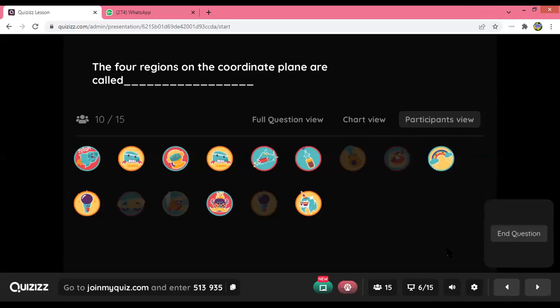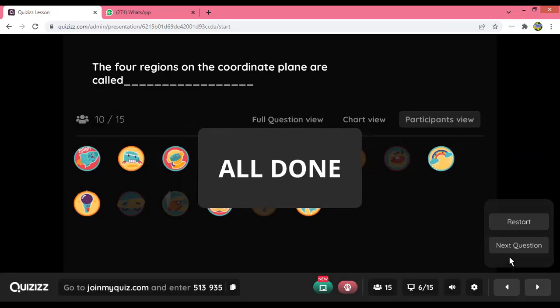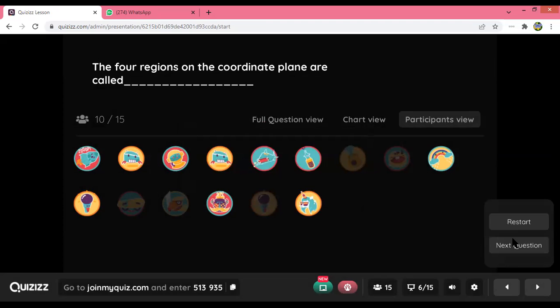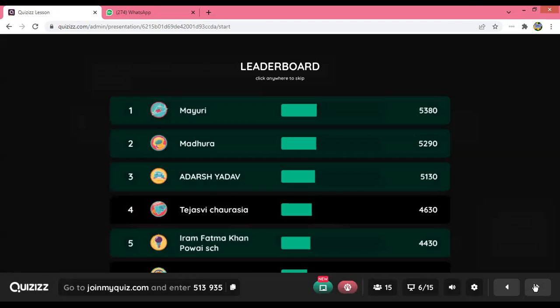I'll give you 5 more seconds. What's the answer to this? The answer is quadrants. So there are four quadrants. Well done, students. Let's look at the next question.